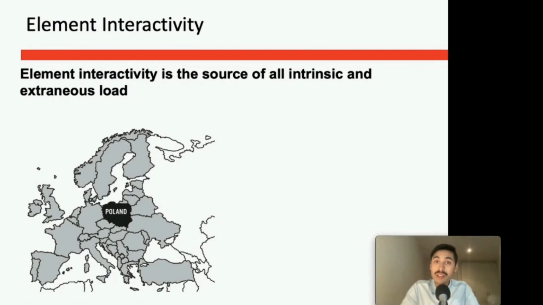The more elements, the more cognitive load, and the more interactions between the elements, again, the more cognitive load. And we need to keep the number of elements of new information that we're introducing students to within the capacity of working memory. If we don't, they're going to be overloaded, they're going to be confused, they're going to become demotivated, and it's not going to lead to successful learning.